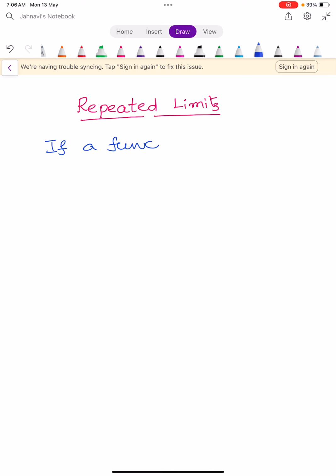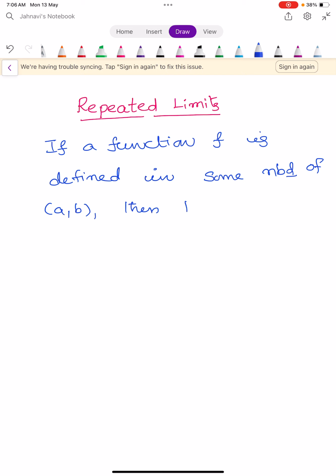If a function f is defined in some neighborhood of the point (a, b), then the limit as y tends to b of f(x, y), if it exists, is a function of x.